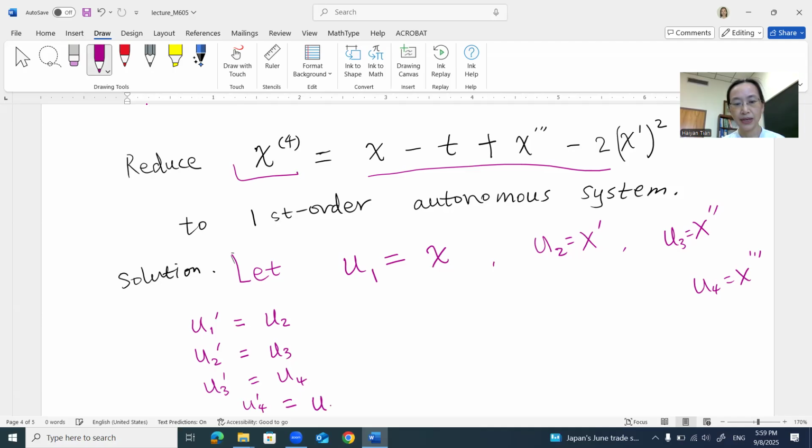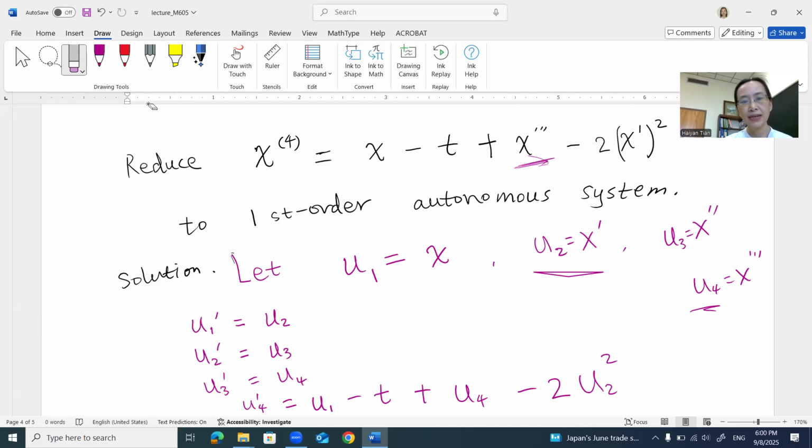X we already renamed. We call it U1, minus t, plus the X third derivative, which is U4. We want to use U4. Minus twice the first derivative squared, right? We want to use U2 squared. So U2 squared.